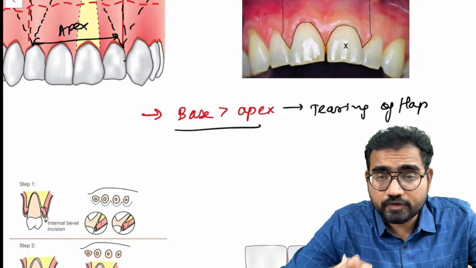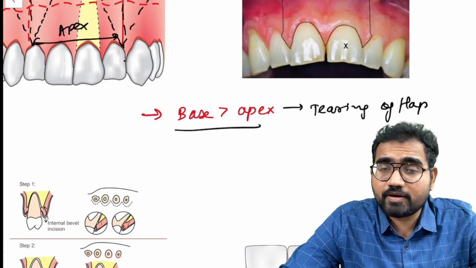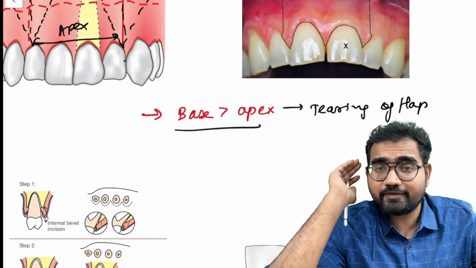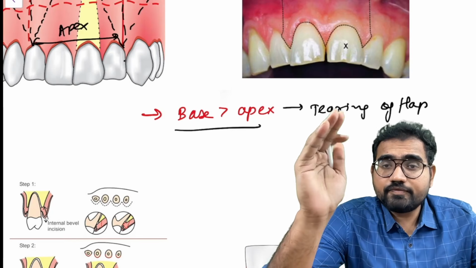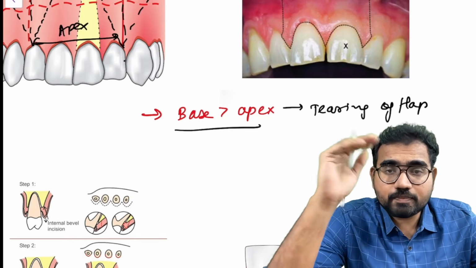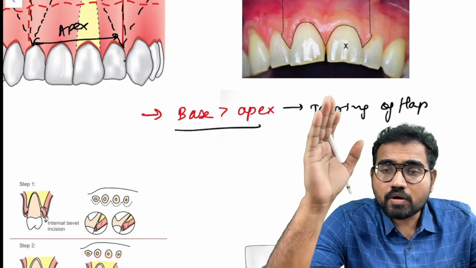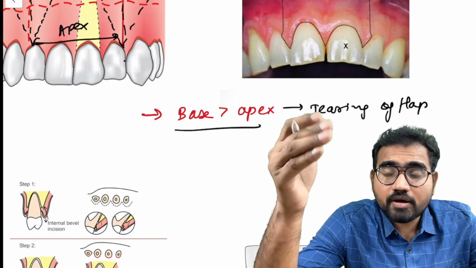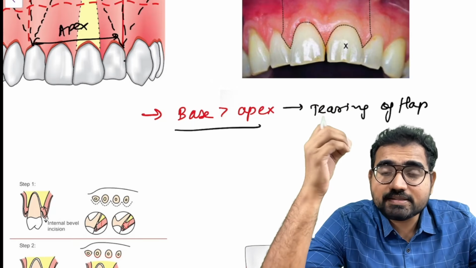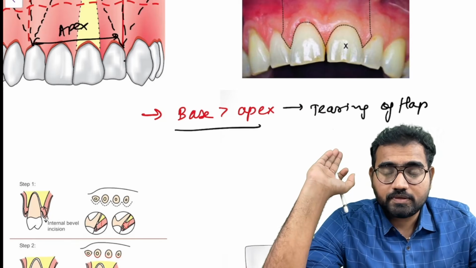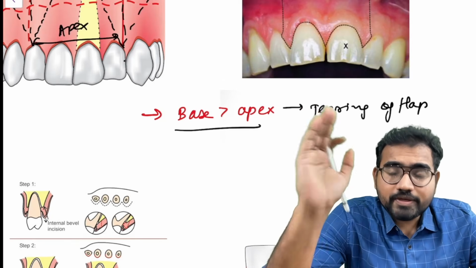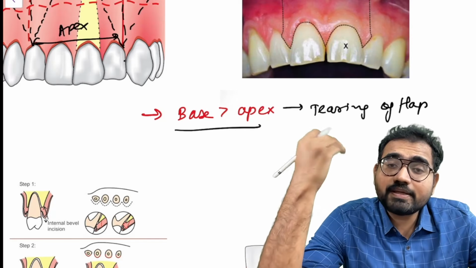Okay, so one of the most important things which you should keep in mind while doing a flap surgery is, if you are not doing the procedure properly, take it from me, you are aggravating the existing problem.